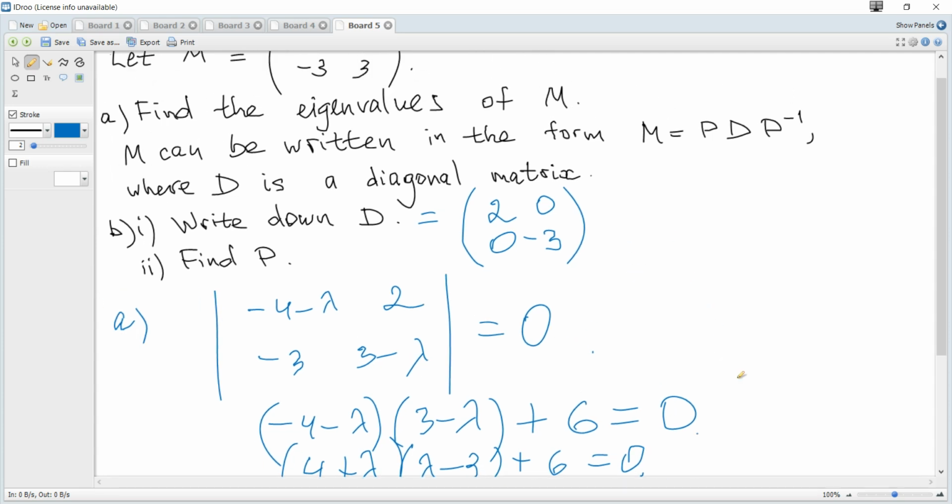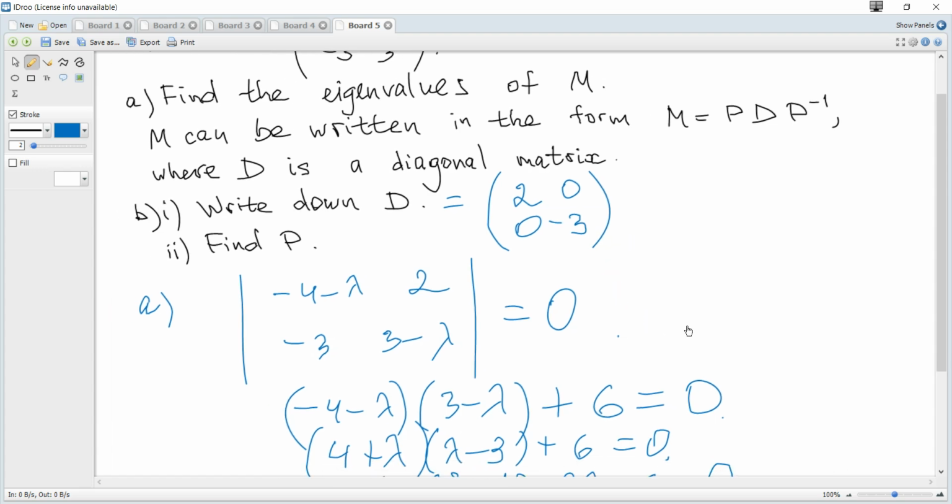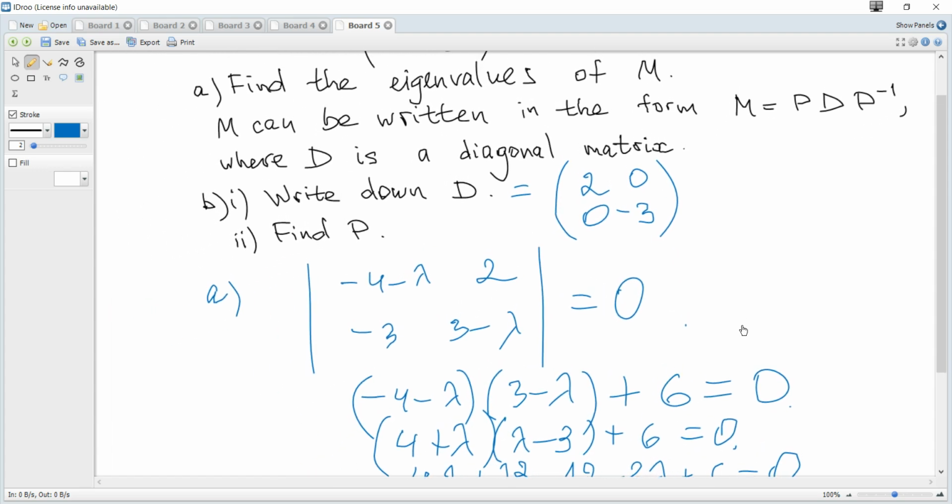Matrix P is a matrix constructed from the eigenvectors, and it's an eigenvector corresponding to this eigenvalue, and here must be the eigenvector corresponding to this eigenvalue. So we should find eigenvectors corresponding to the found eigenvalues. And how to do that?